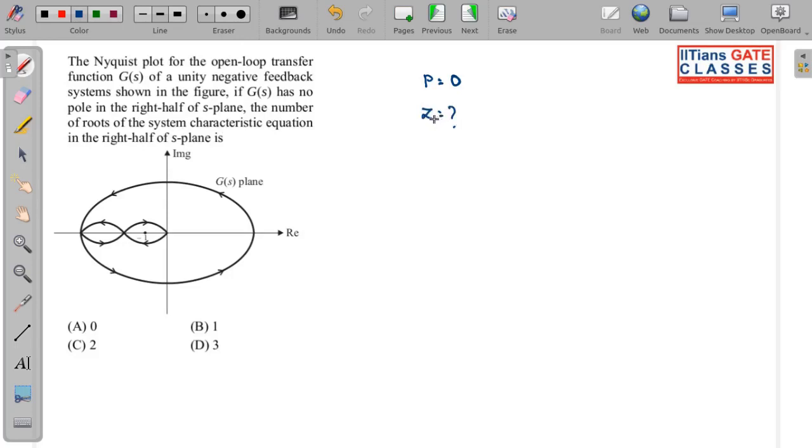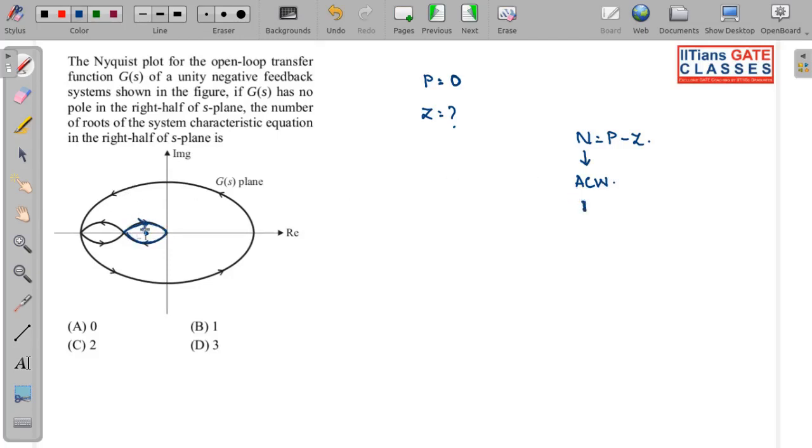Over here you can see the encirclements of the critical point. Let me take this formula, N is equal to P minus Z, where N is the encirclement of the critical point in the anti-clockwise direction. The first encirclement, in which direction? This is anti-clockwise, so plus 1.